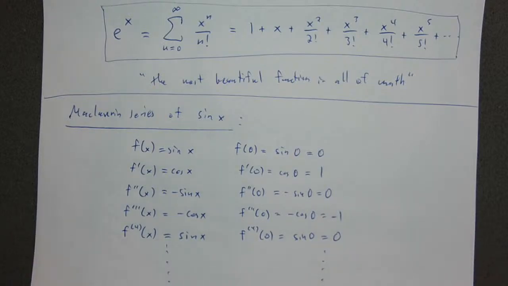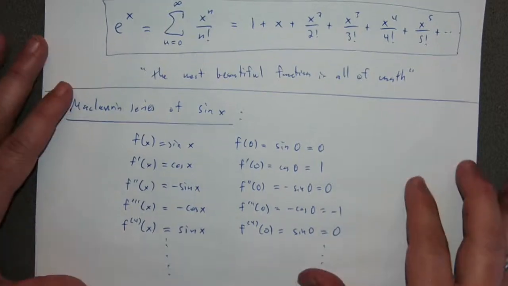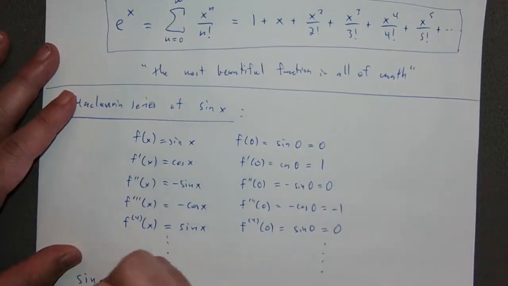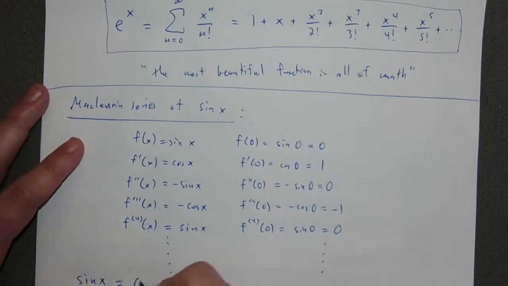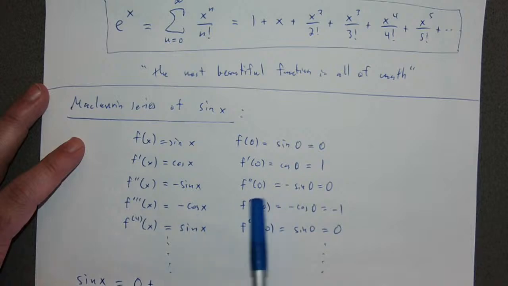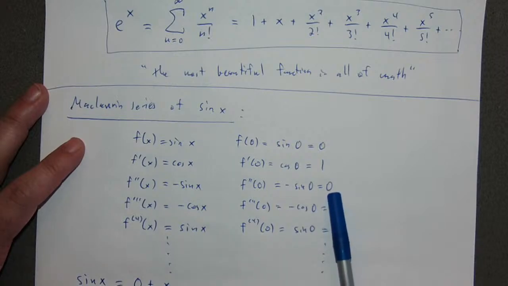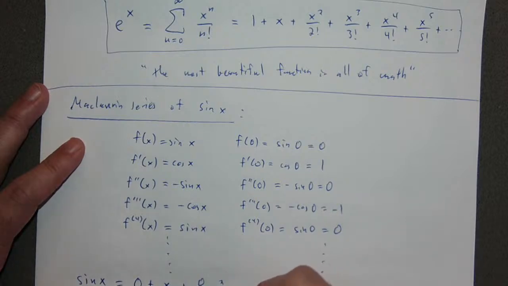So what is the Maclaurin series of sine x? The 0th term is 0, plus the first order term is 1 times x, so that's plus x here. The second order term is plus 0 over 2 factorial times x squared, minus 1 over 3 factorial times x cubed.